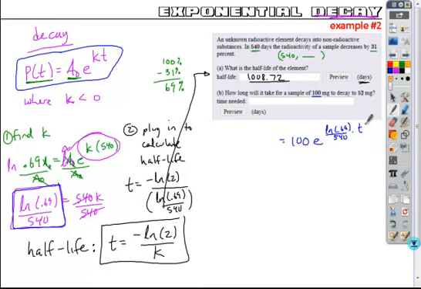T, we want to solve for t here. So there's our power. And we want this to decay to 52 milligrams, so that's going to be the amount at time t. And so once again, you can either use the solve feature of your calculator, or you can manually go through. Again, I'll write it here really quickly. So divide by 100, and then take the ln of both sides.